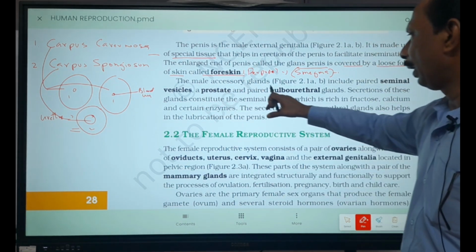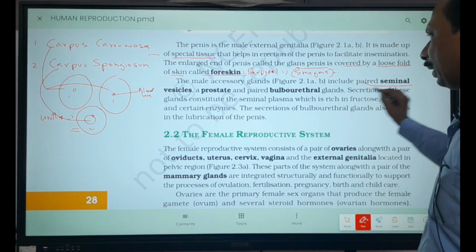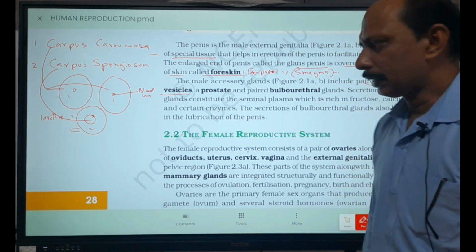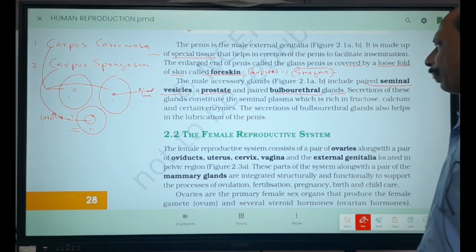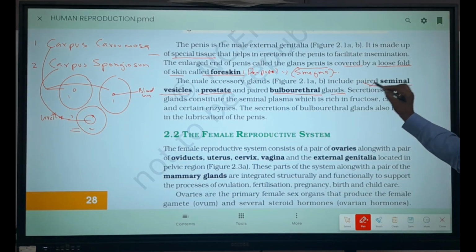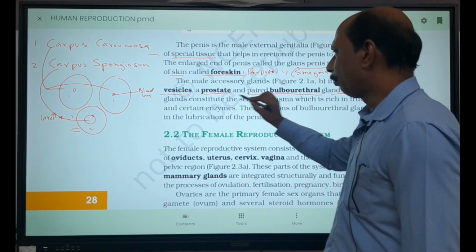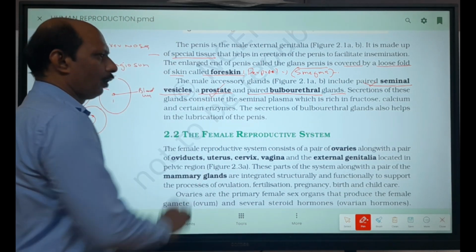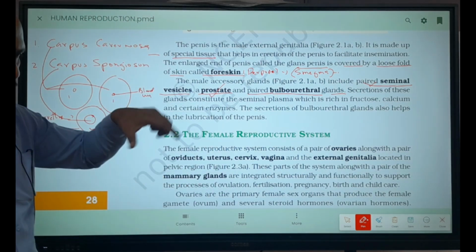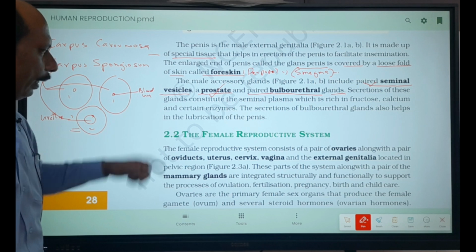The male accessory glands include paired seminal vesicles, a prostate gland and bulbourethral glands. Look here, the seminal vesicle is paired, the bulbourethral gland is paired, but the prostate gland is unpaired. The prostate gland is made up of 5 lobes, a ring-like gland.